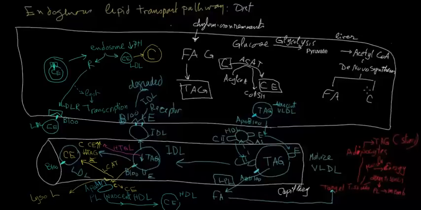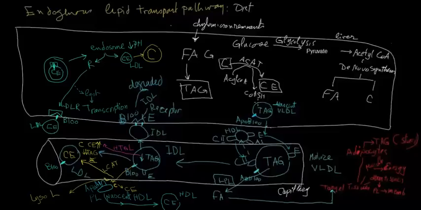But remember, we have de novo synthesis of cholesterol taking place in the liver cell, in the cytosol as well. And there is an interplay between the externally derived cholesterol and internally synthesized cholesterol in order to keep the cholesterol level inside the cell within reference ranges.